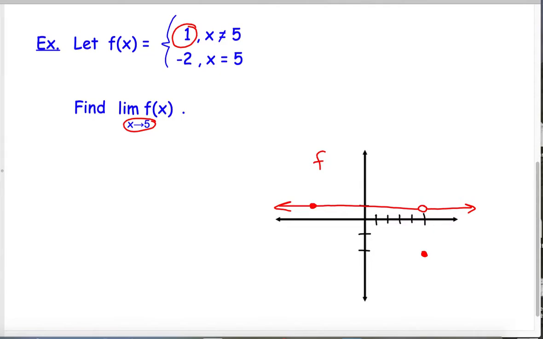If I'm getting closer and closer to x equals 5, what are my y values? Well, it's constant, so it's 1, 1, 1, 1. If I'm over on this side coming in, 1, 1, 1, 1. So even though when we finally get there it jumps down to here, we don't care what happens when we actually get to x equals 5. The limit is concerned about what happens as x approaches 5. And so for that, our limit is equal to positive 1.